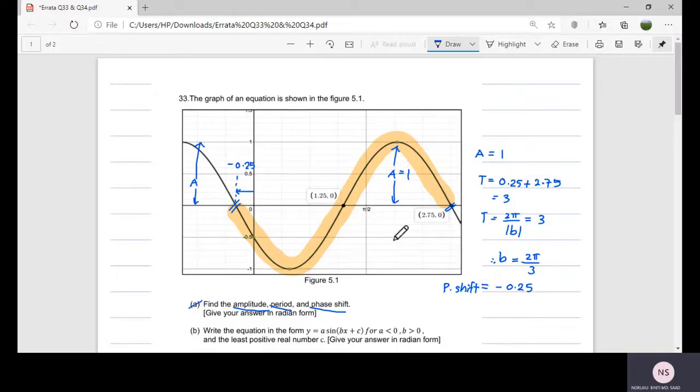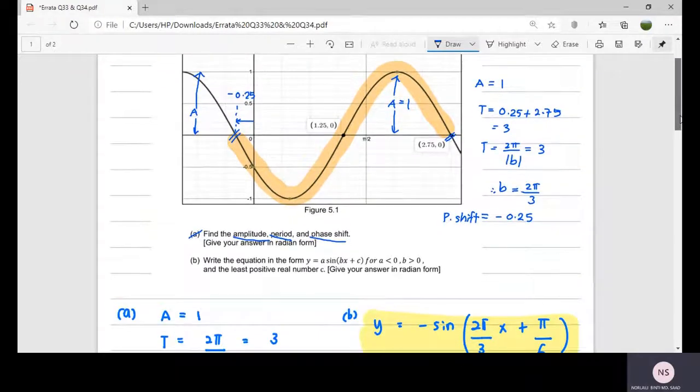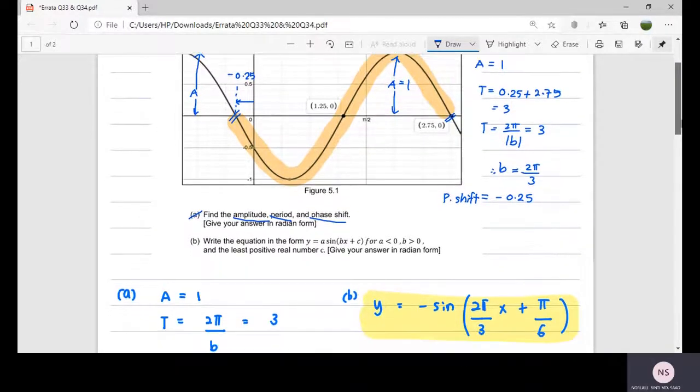Next, we move to question B. For question B, now we want to write the equation in the form y equals A sine (Bx plus C), where A is less than 0, just now we obtained this is negative 1, B is greater than 0, just now we obtained B is 2 pi over 3.